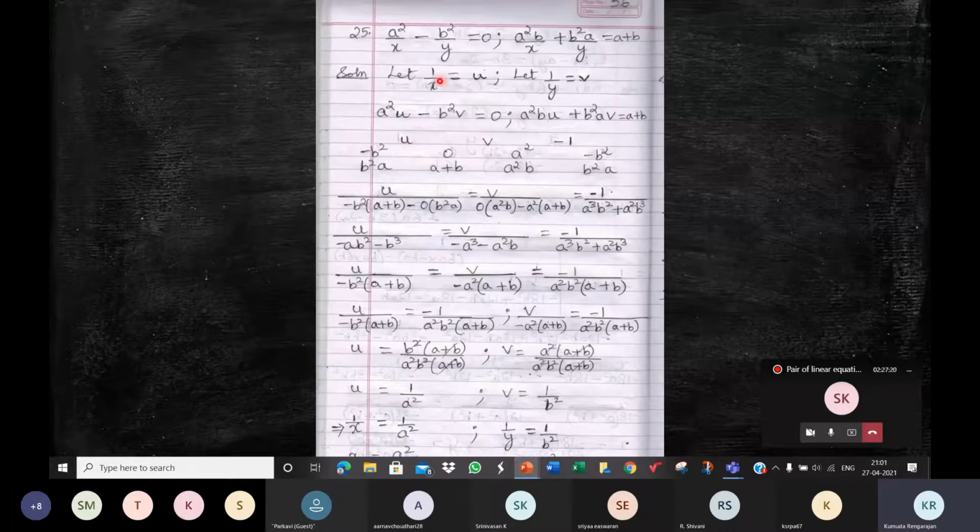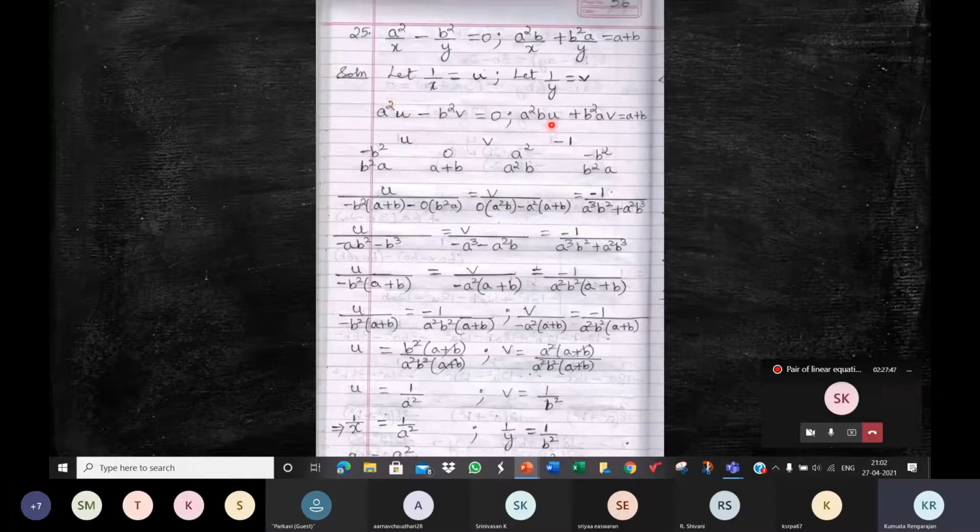So we need to convert these two equations to a pair of linear equations. Not in x and y, that's not possible, but in some other two variables, u and v. So when we have x and y in the denominator, we do this assumption and we rewrite the given equations using u and v. And now you can see that they are linear equations in u and v.